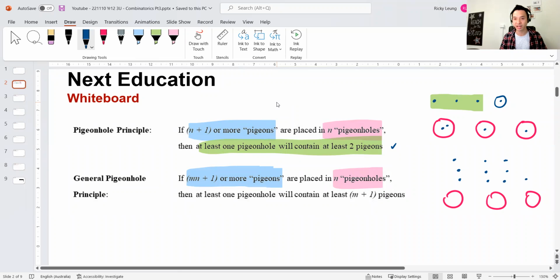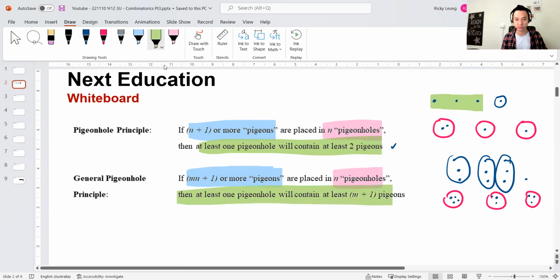Then you can see there, what I can do is place 3 into the first hole, 3 into the second hole, 3 into the third hole, and then have 1 left over. So the principle basically says then at least one hole will contain at least m plus 1. M in this case is like 3, right? So m plus 1, which is 4 pigeons, which is exactly what that's saying.